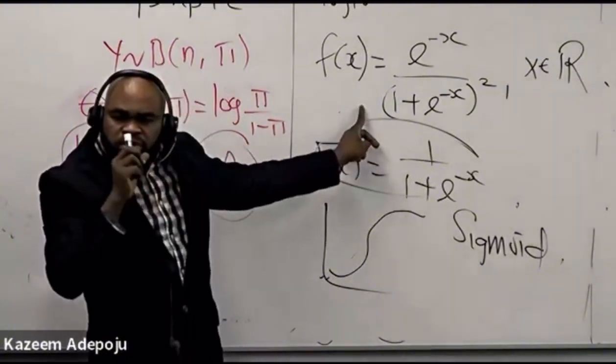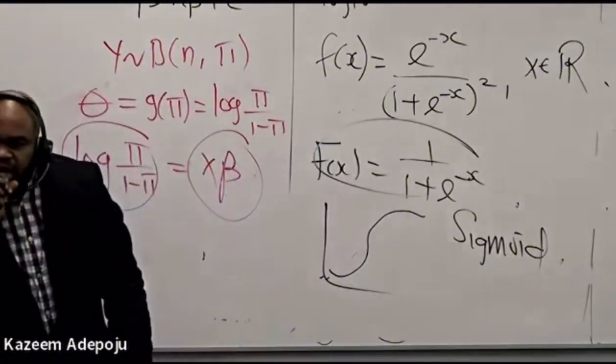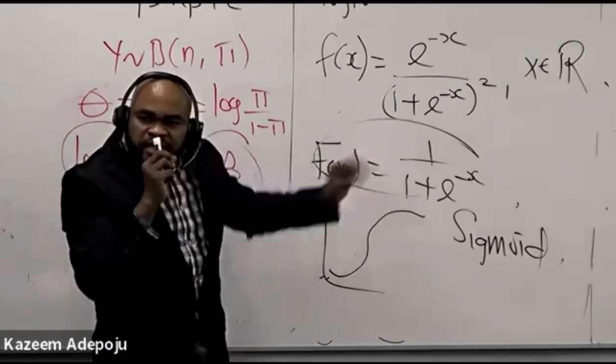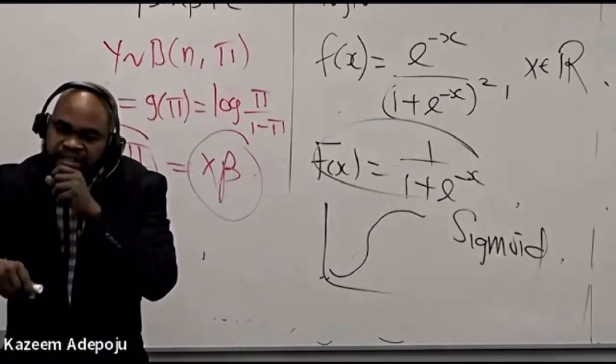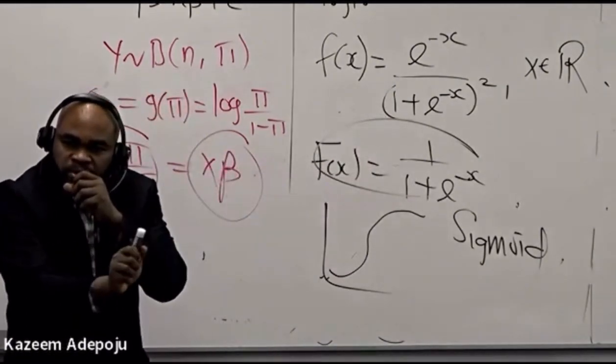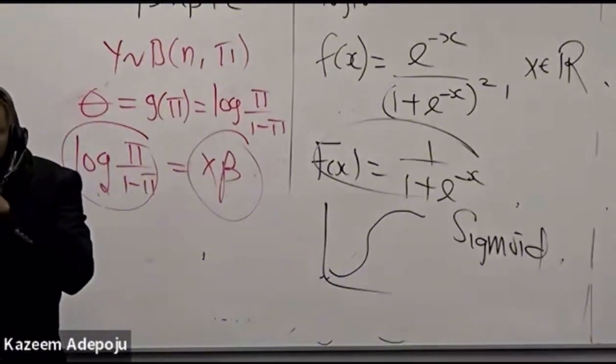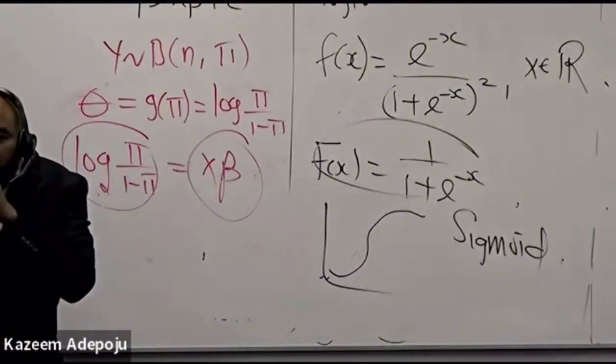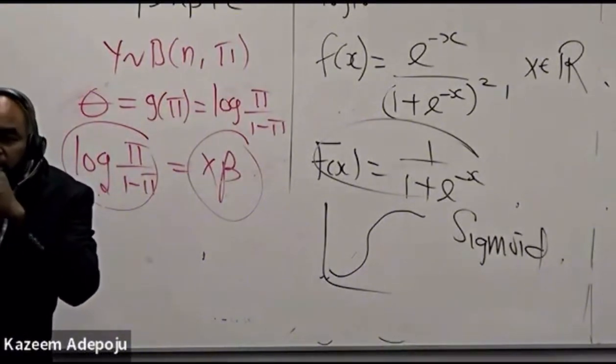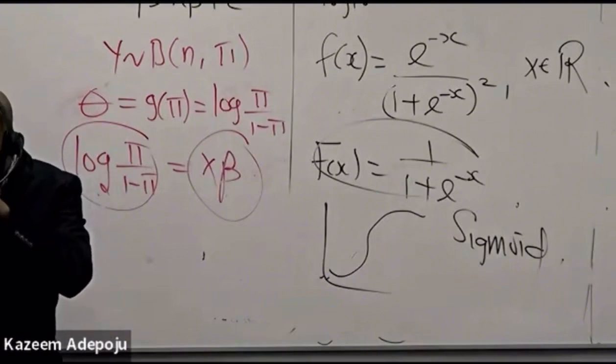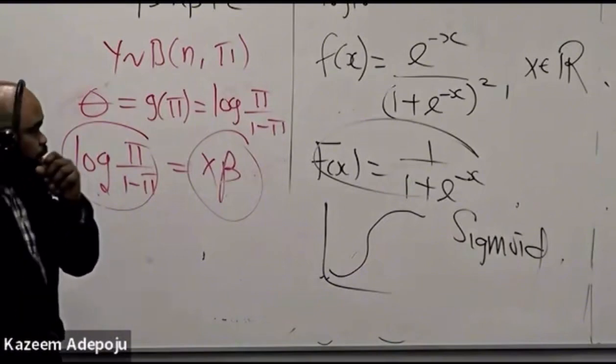The logistic distribution enables us to achieve that. Logistic regression enables us to convert the 0, 1 scale into a continuous scale, because it is only when you have a continuous scale that you're going to have a linear relationship. Does that make sense?